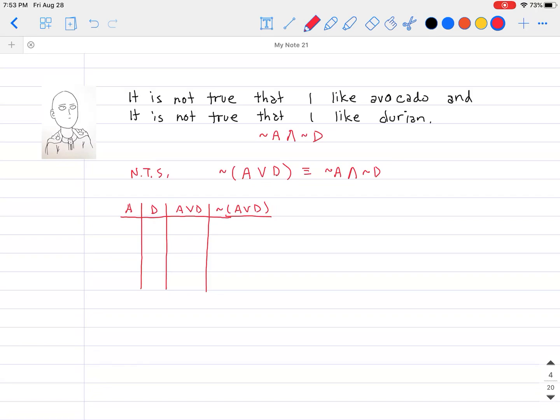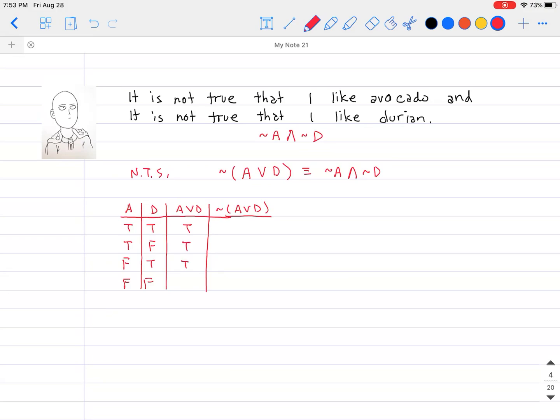Okay, so let's see what we have here. First, we put in TT, TF, FT, and finally FF. In the case of an OR statement, remember, if both are true, then the OR statement is true. And if one of them is false, the whole thing is still true because it could be either or.